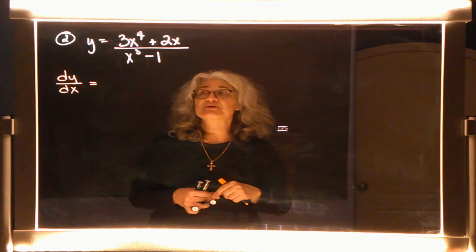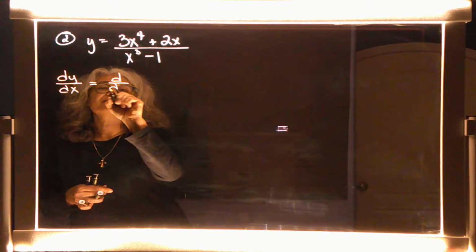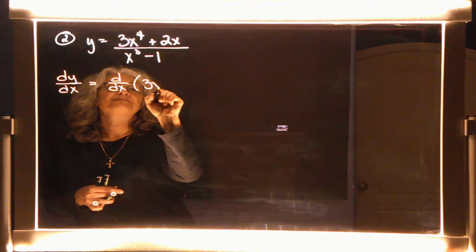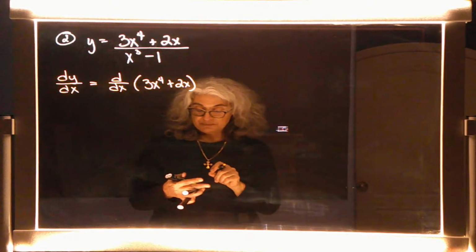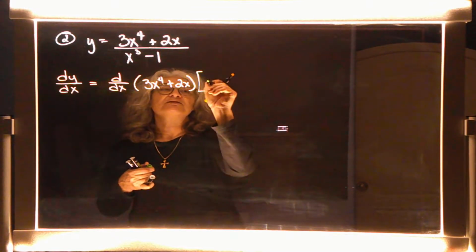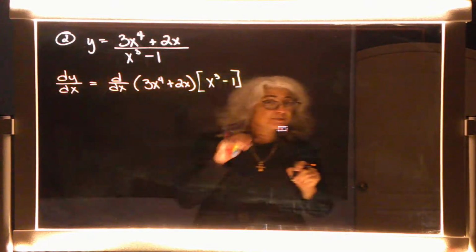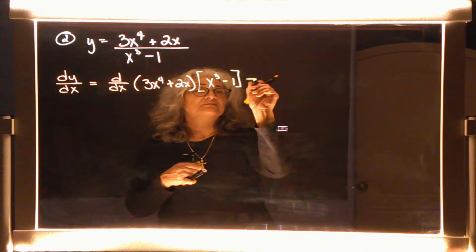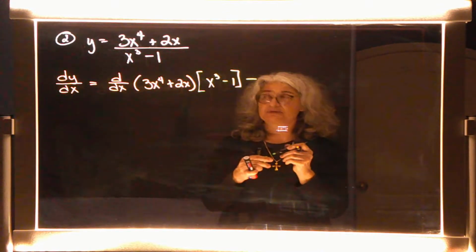The first thing we're supposed to do is take the derivative of the first one, which in this case is the numerator. We're supposed to multiply it by the second one, which is the denominator. And now we're supposed to subtract, right? There's one change from the product rule.